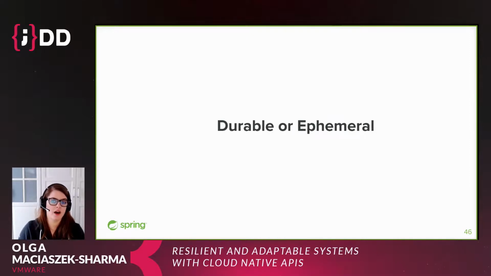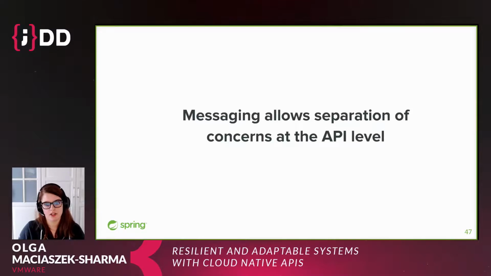Messages can also be either durable or ephemeral. Durable means that the message is persisted to some kind of storage device, and this allows for high availability and resiliency. Consumers can come back and read those messages, even if there are network failures. Messaging also allows for separation of concerns at the API level.